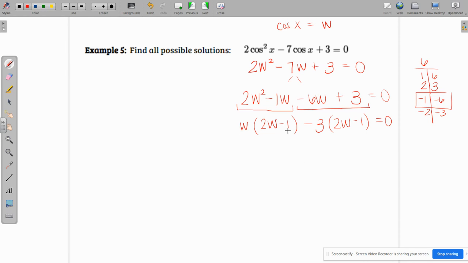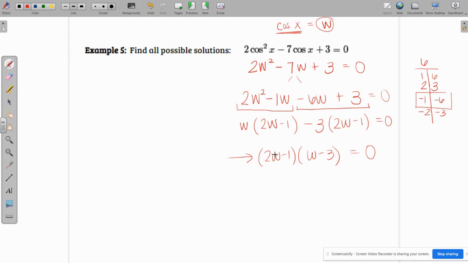So each of these has a 2w minus 1. So we factor that out, and we are left with w minus 3. So this is how this quadratic factors. But remember, this is not the problem I'm solving. So now as soon as it's in factored form, I'm going to replace w back with the cosine of x.